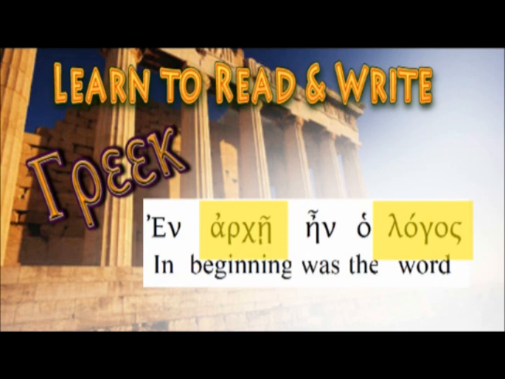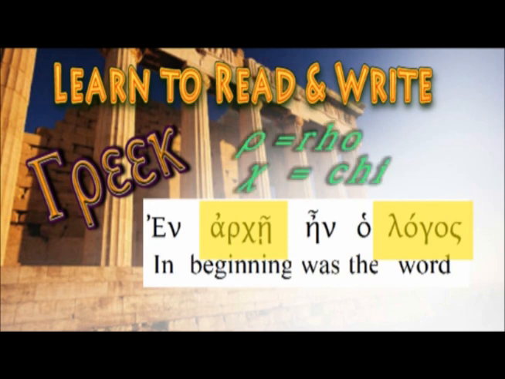In our first word, we should by now be able to recognize the 2 vowels that are present in the word arche, and that's the alpha and the eta. So the only 2 characters that are left are consonants. The first consonant is rho. The second consonant is chi. These 2 letters together are not spoken together.